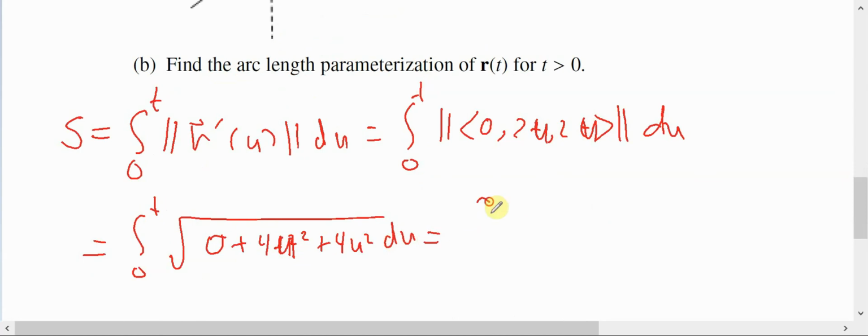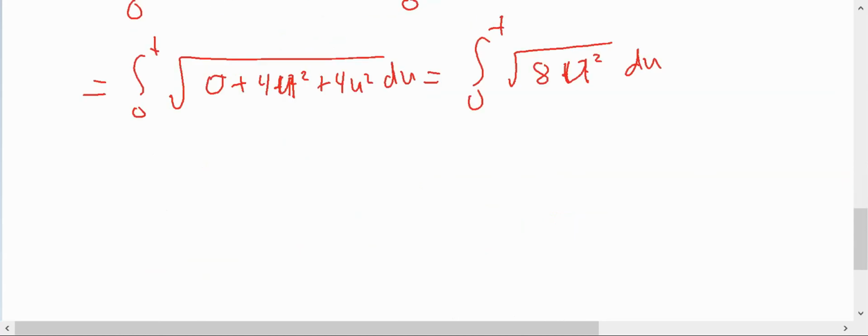That gives me the integral from 0 to t of the square root of 8u squared du. And I can actually take the square root of that, so there's no extra work here. The square root of 8 is 2 square root of 2, and the square root of u squared is u, so I get 2u square root of 2 du. And now I can integrate.